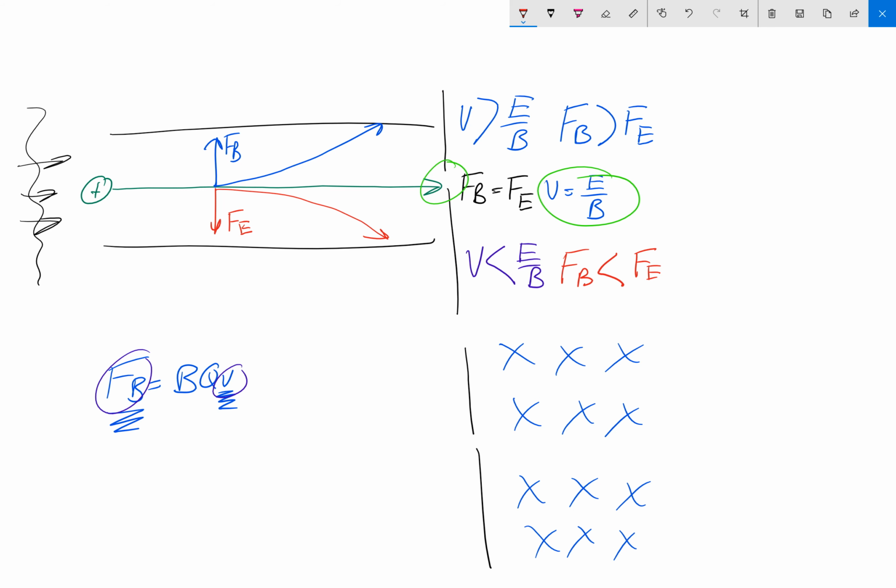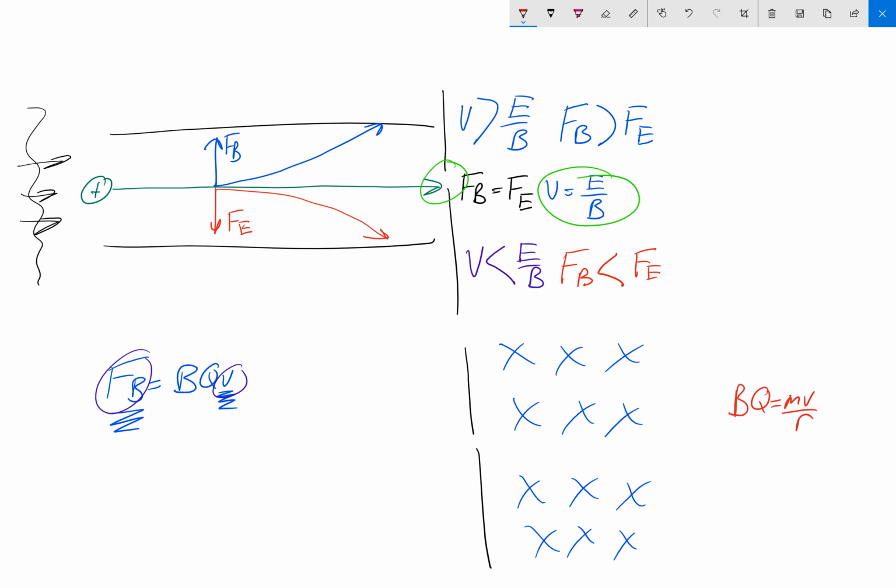And the charge wasn't a part of it either. So it basically just came when we got here. We end up with BQ equals mv over r.